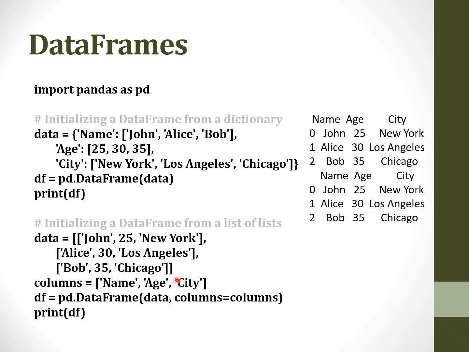So together we are giving it. Then the first item in each list corresponds to name, the second corresponds to age, and the third corresponds to city. Now if we convert it into a data frame and print it, the data frame will be printed like this.